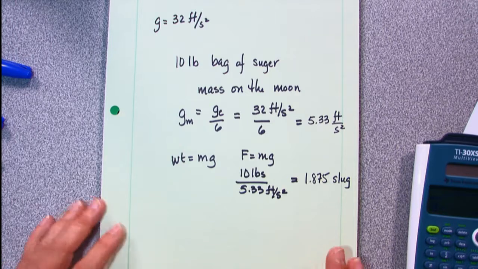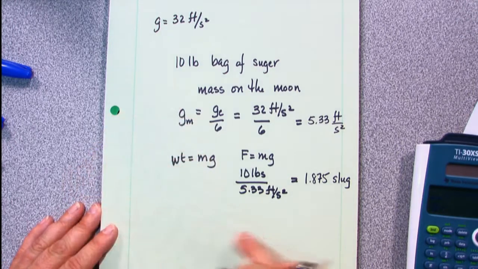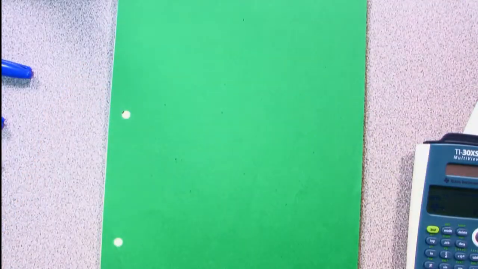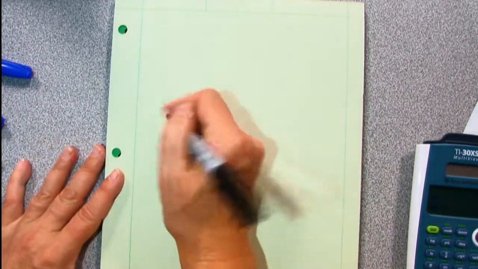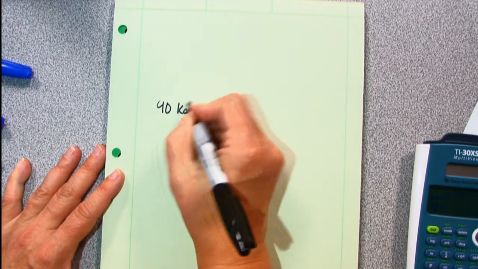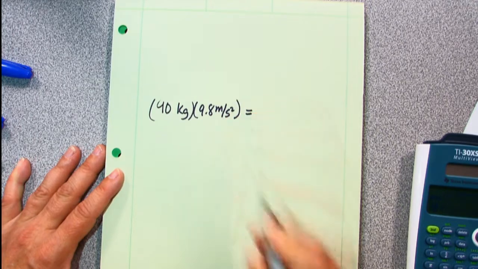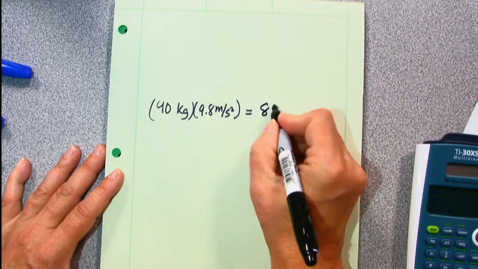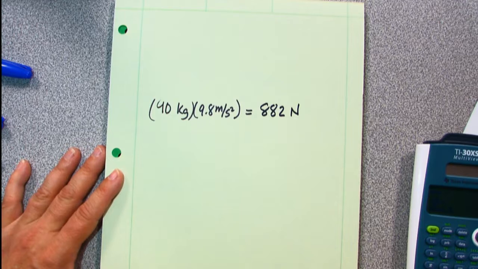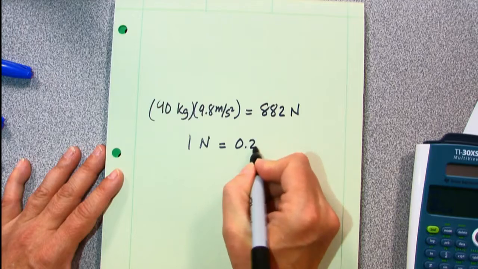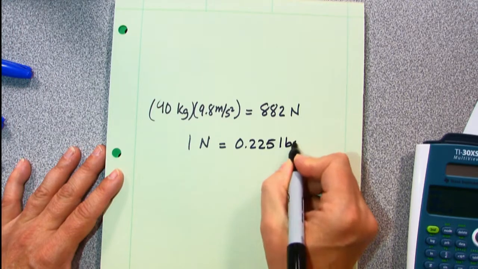But to give you an idea of the difference between pounds and newtons, let's take our 90 kilogram guy that we had for our football player. My 90 kilograms times gravity gives me his weight, 882 newtons. The conversion factor is 1 newton equals 0.225 pounds.